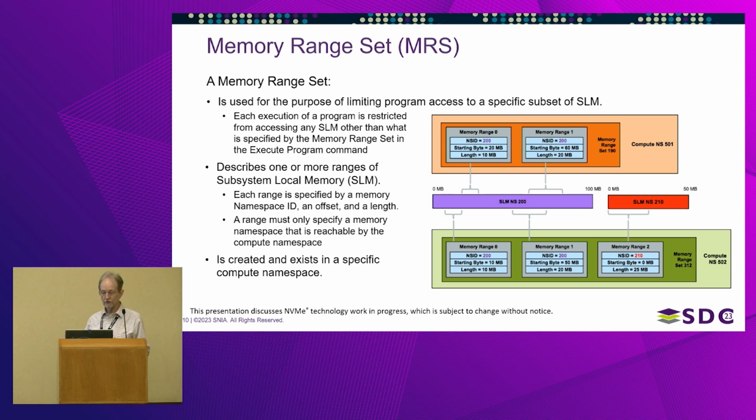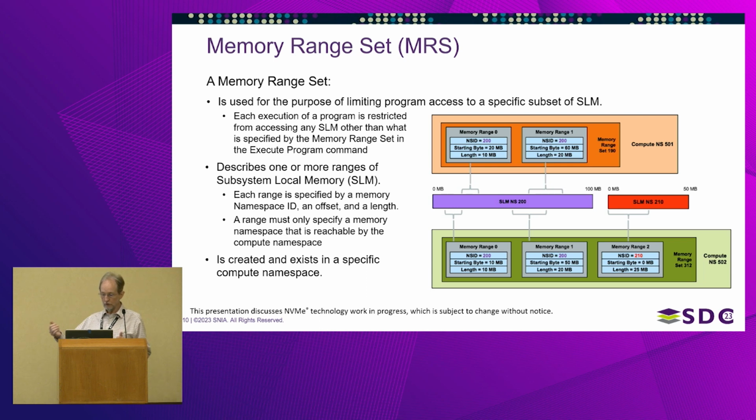That's one of the specific use cases here for overlapping between two different compute namespaces. This can also be done by having two memory range sets within a single compute namespace. Two different memory range sets within one namespace can have overlapping uses of memory ranges within a specific subsystem local memory namespace, but they have to be separate memory range sets.